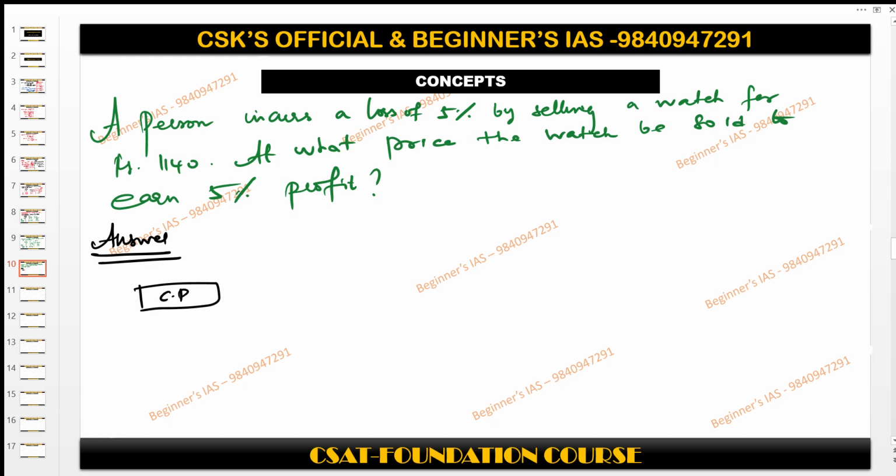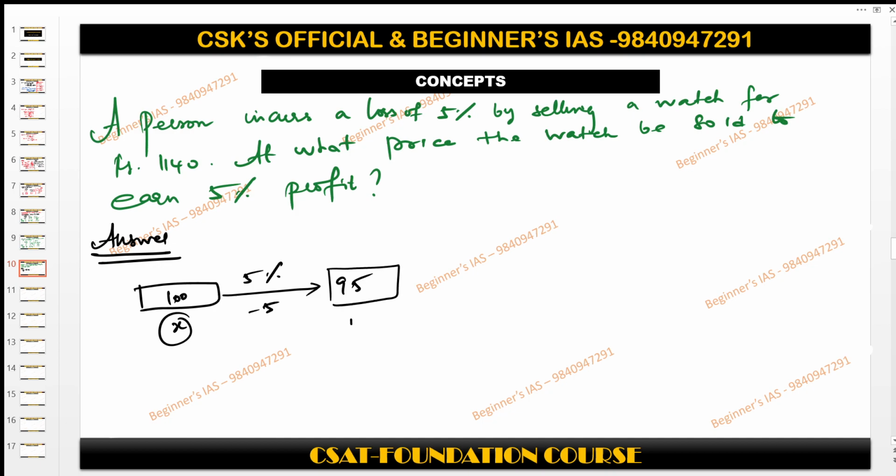Okay. So here, let us take this as 100%. So what you are doing here, 5% loss. So 5 rupees. So now take this as 100. Okay, so cost price, I don't know. Take this as X. So 95%.